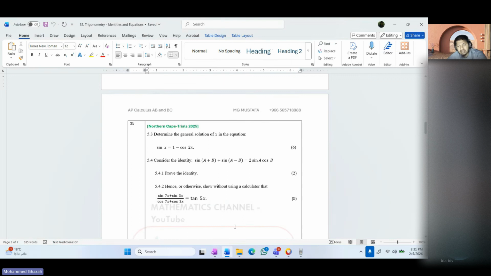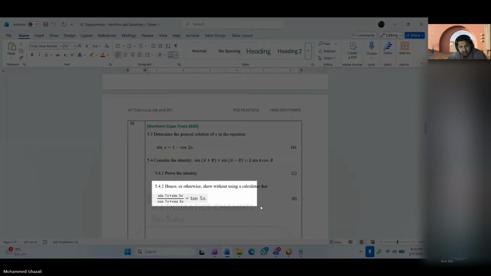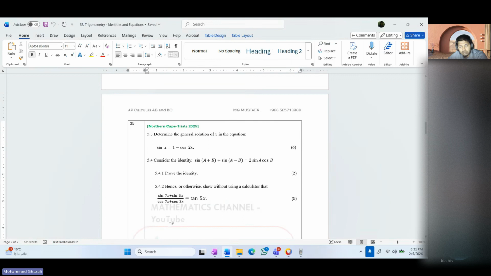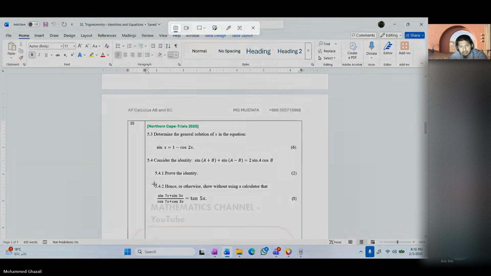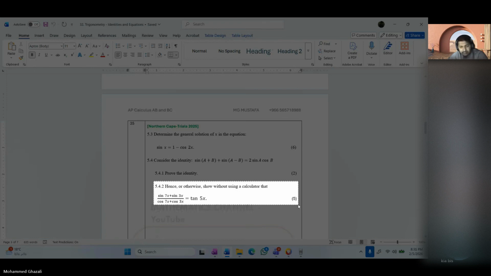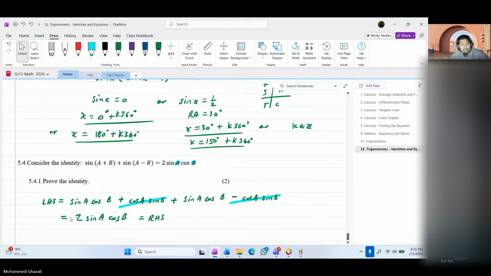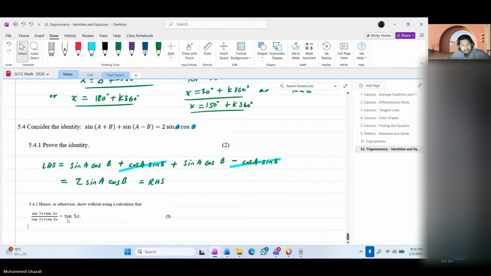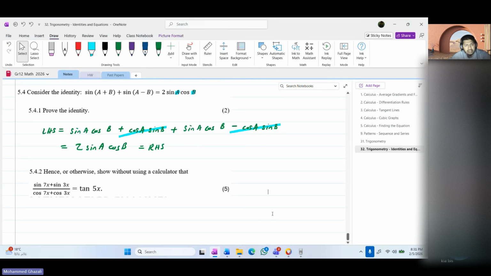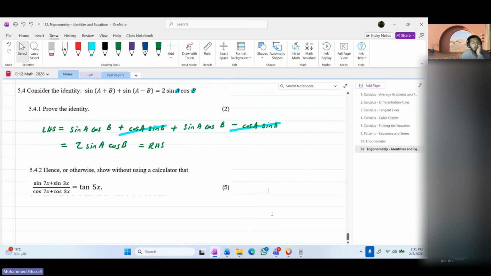Next, hence or otherwise. The next question: hence or otherwise, show without using a calculator that sine 7x plus sine 3x over cos 7x plus cos 3x is equal to tan 5x.